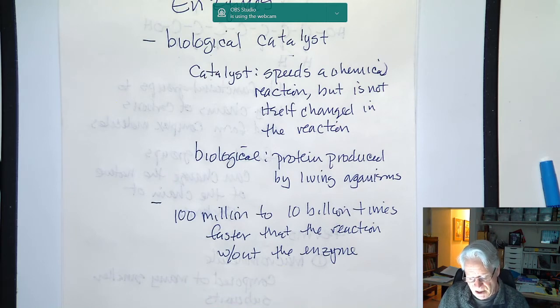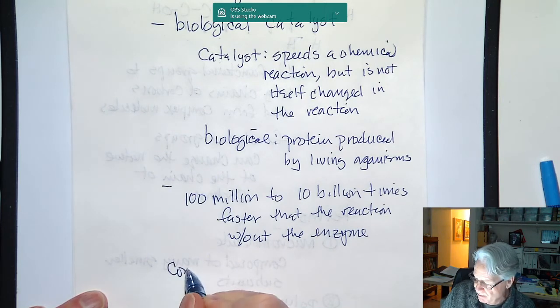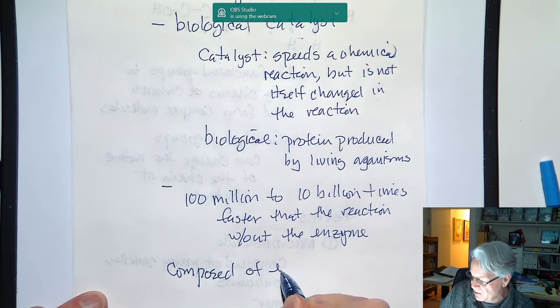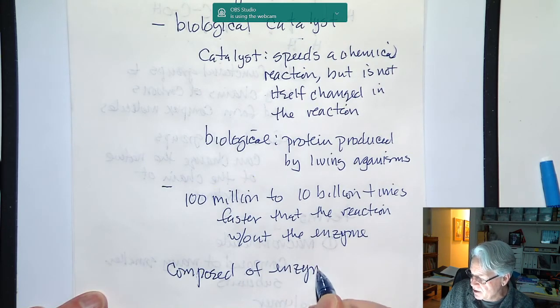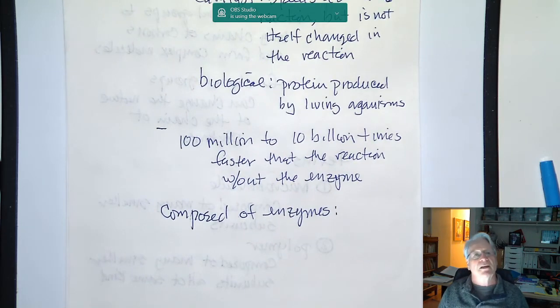Right? So let's take a quick look at the composition of enzymes. And here I'm not talking about the composition of proteins. We already know that enzymes are proteins, and we know how proteins are put together. I'm looking specifically at enzymes.